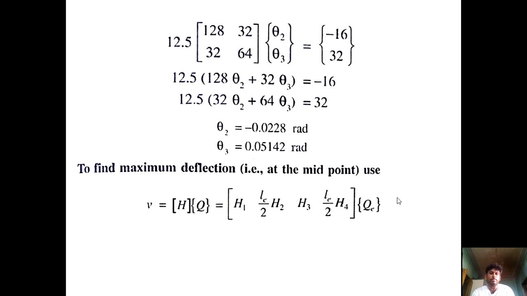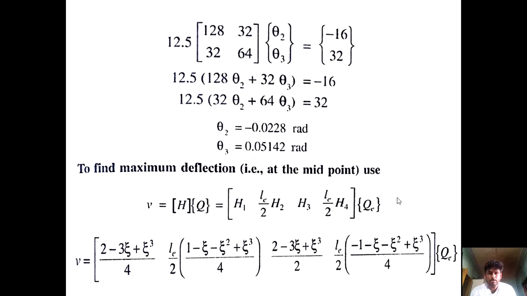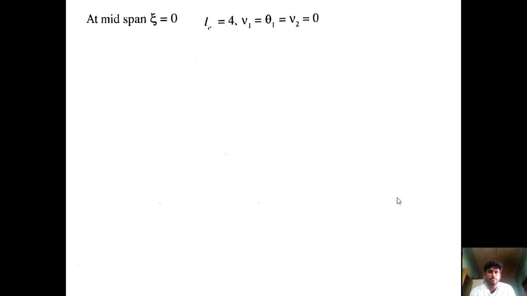The general expression is V equals H into Q, where H is the Hermite function: H1, L by 2 H2, H3, L by 2 H4. We know the formulas for H1, H2, H3 and H4. At which point, what is the value of zeta? At the midpoint, obviously it equals 0.